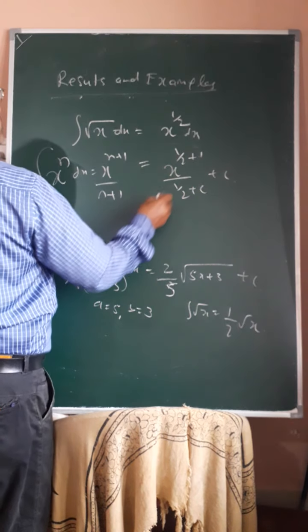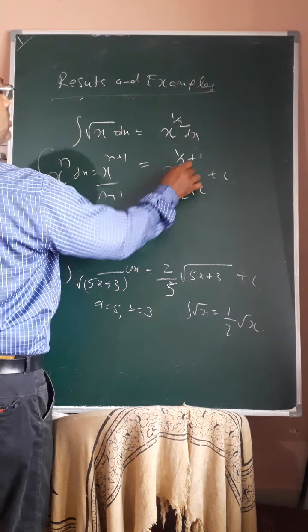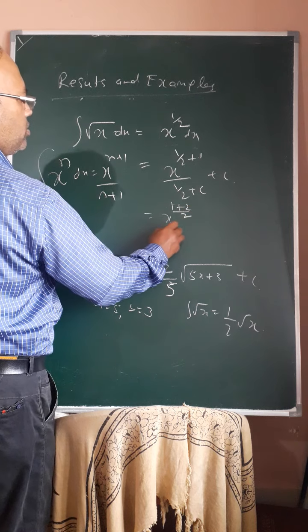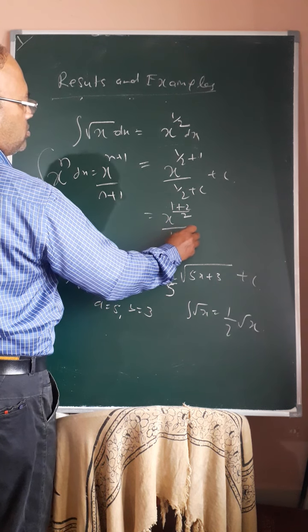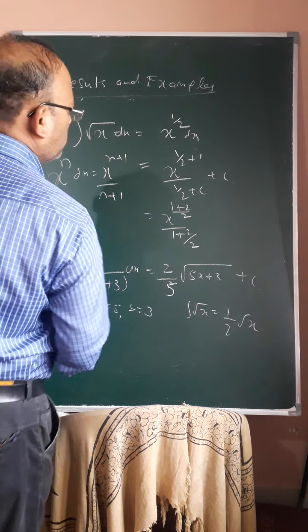So 1 by 2 plus 1 by 2 is... x to the power of 1 plus 2 divided by 2, divided by 1 plus 2 divided by 2.